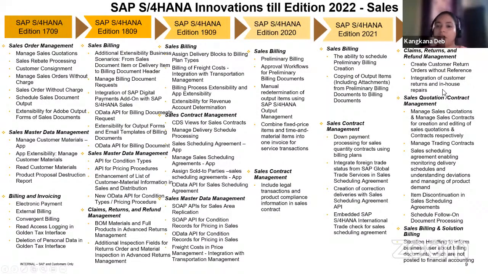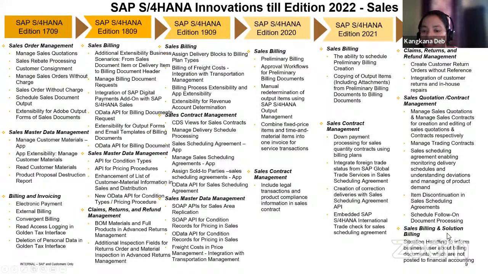In sales quotation and contract management, we have managed trading contracts and scheduling agreements, which enable you to monitor your delivery schedules, understand the deviations, and efficiently manage product demand. Item discontinuation in sales scheduling agreement is also possible, and we can schedule follow-on document processing as well.